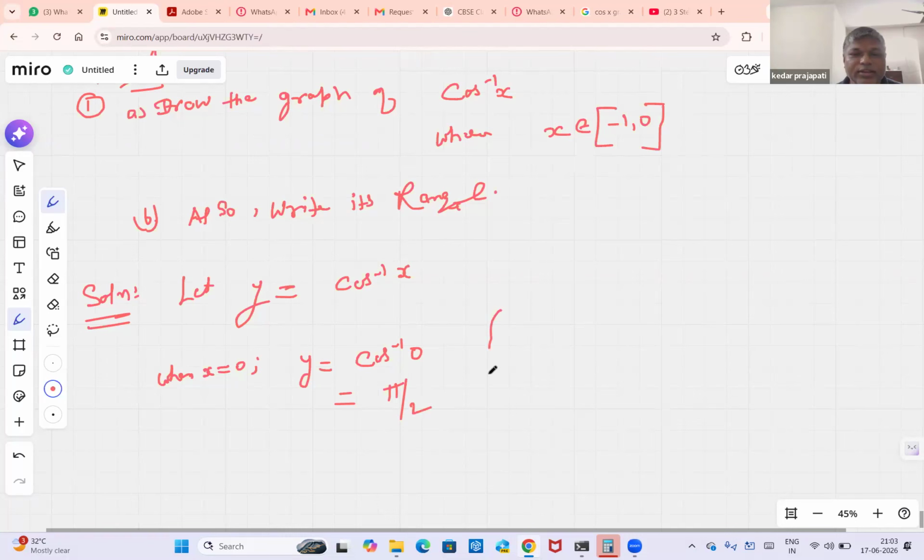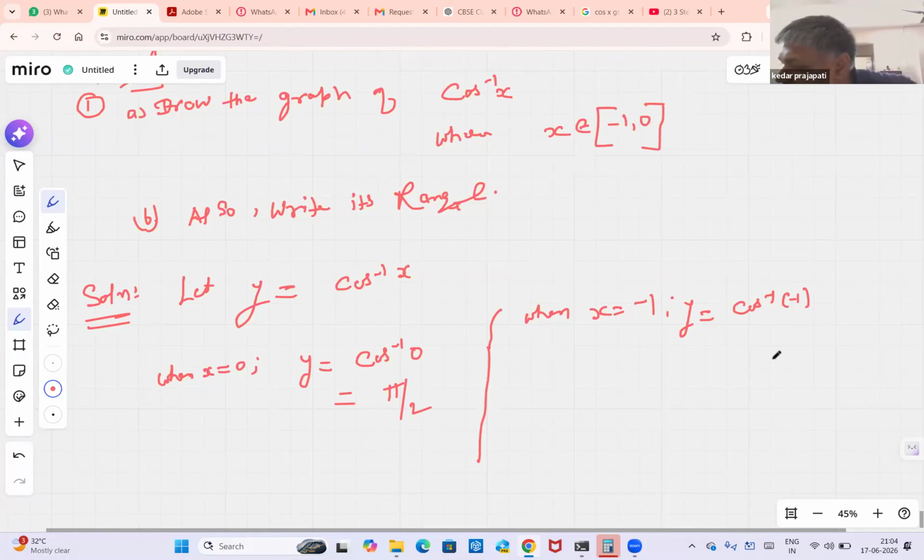Second, when x is minus 1, my y will be cos inverse minus 1. Now, I have not taught you this property of cos inverse minus 1.